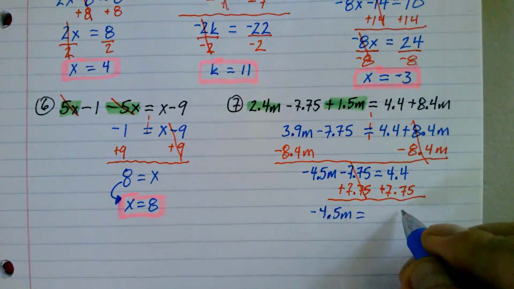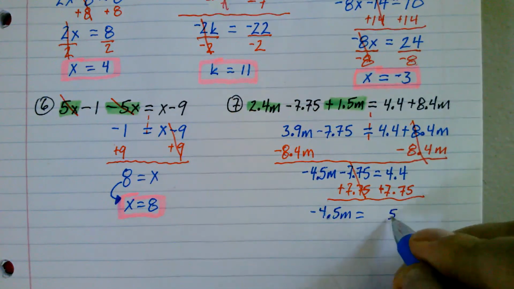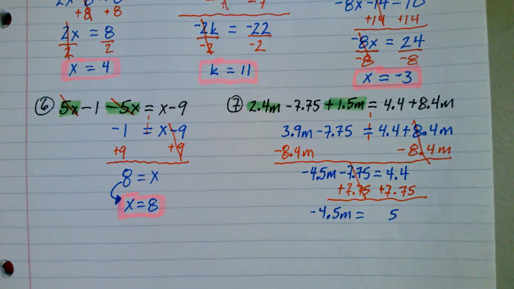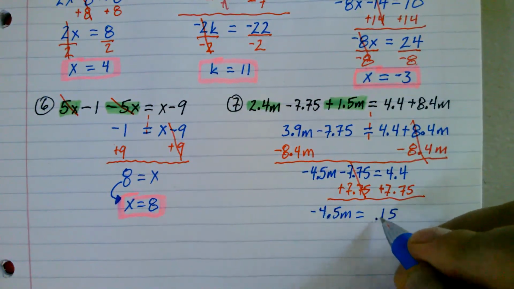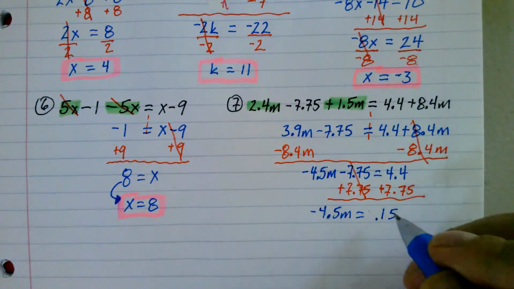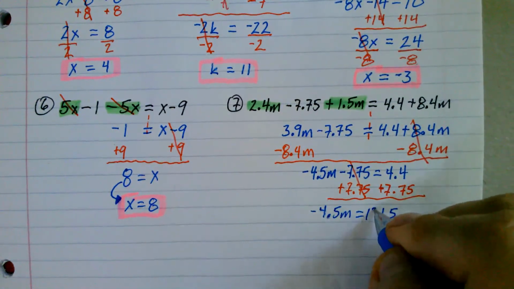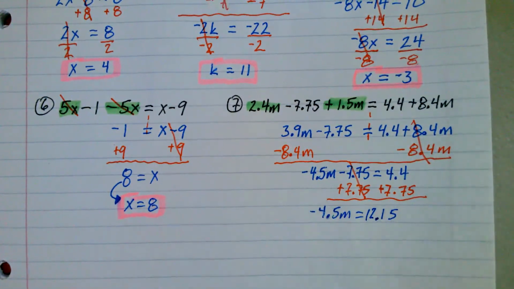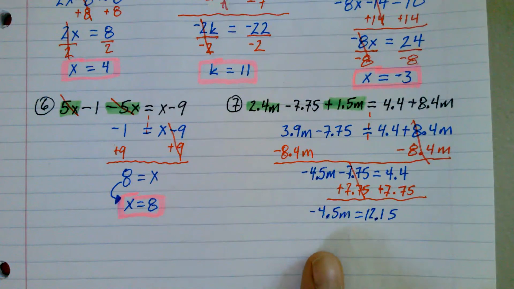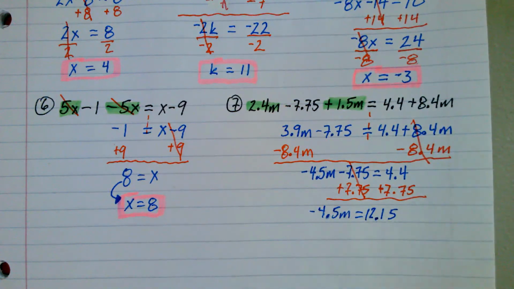Let's see, that's going to be 5. And that's going to be 11, so 1 there. 11. So that's what? 12.15? Thank you. So now I have negative 4.5 times m equals 12.15.